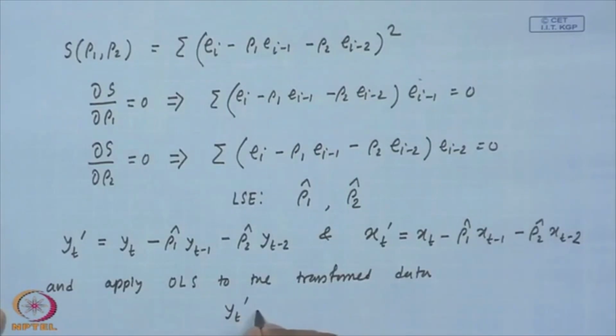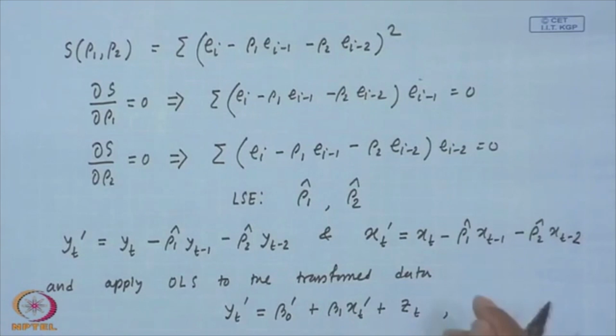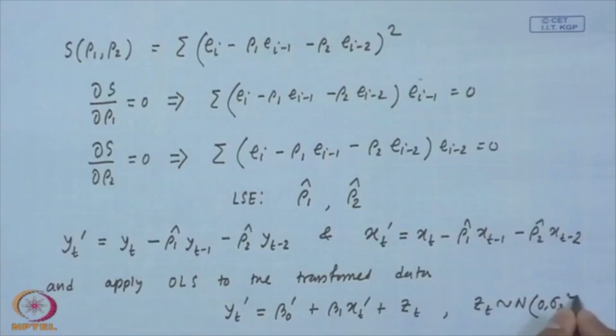Y t prime equal to beta naught prime plus beta 1 x t prime plus z t. And here for the transformed data, this z t, the error term on the transformed data, follows normal 0, sigma z square. So, normal with mean 0 and constant variance sigma z square, and they are independent.